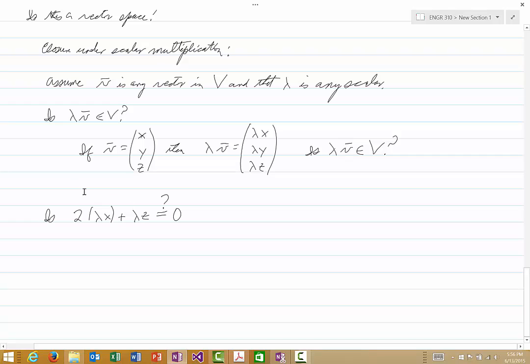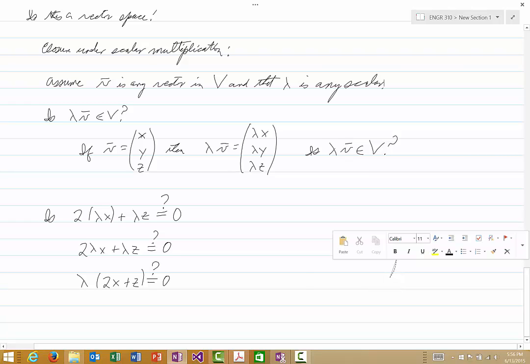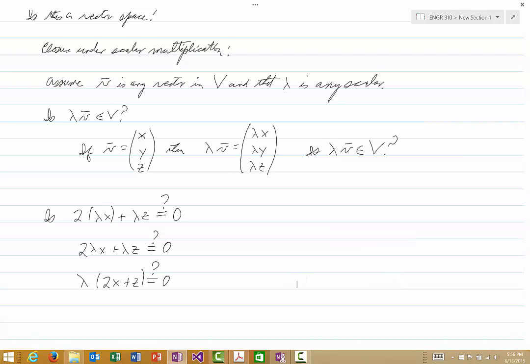And as usual, as we did before, I'll put a question mark over the equal sign because we don't know if this is equal or not. Well, now if you multiply out the left-hand side of the equation, you get 2 lambda x plus lambda z equals question mark 0. And so this becomes lambda times 2x plus z equals question mark 0. Now remember, we're checking to see if this is going to be true for any lambda.